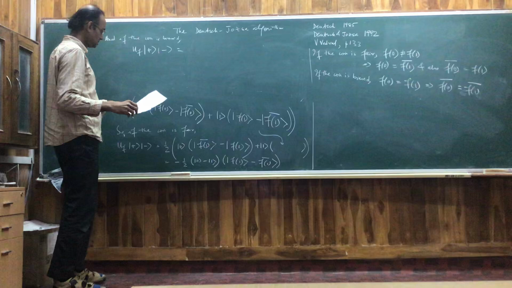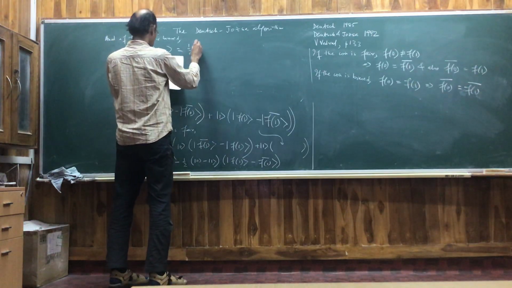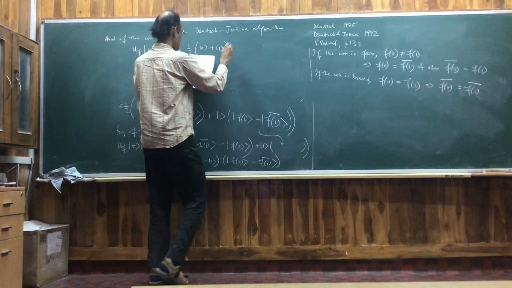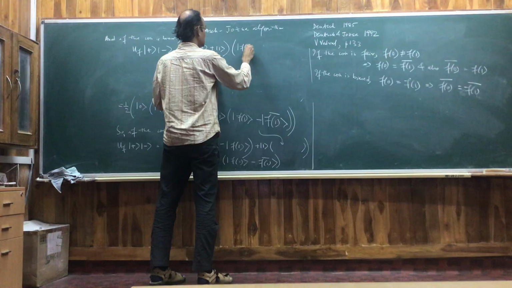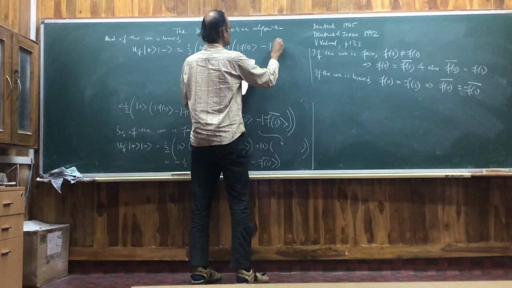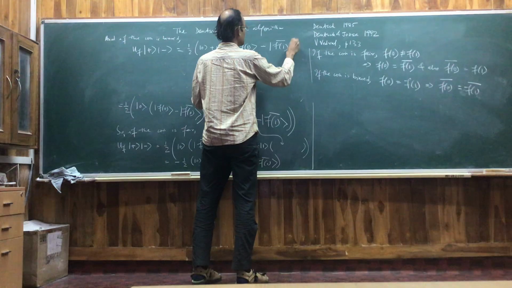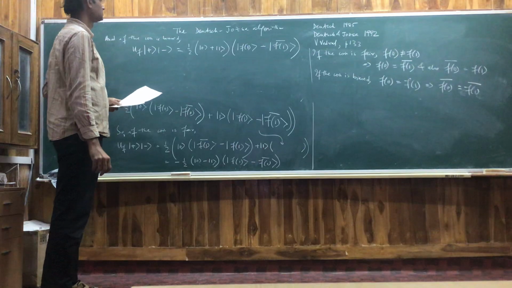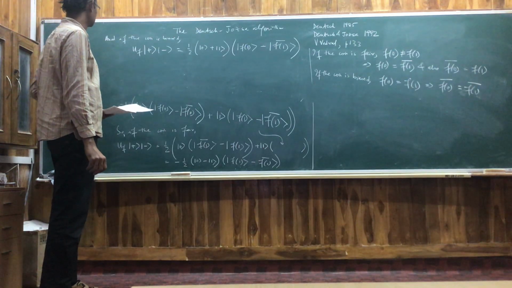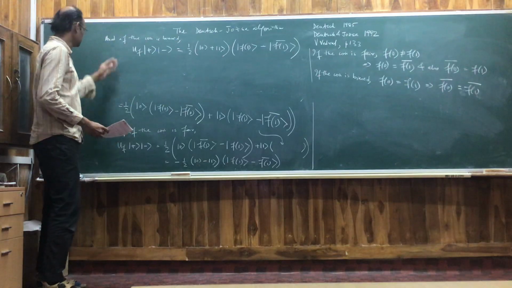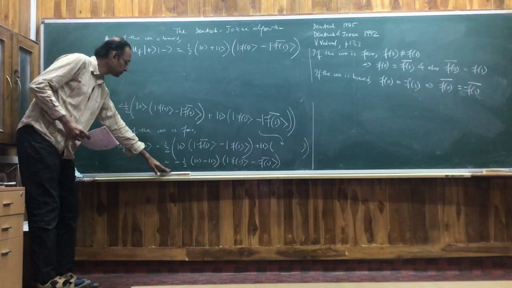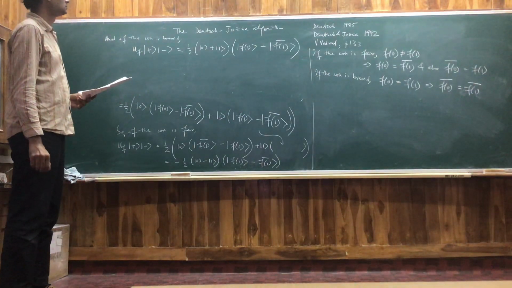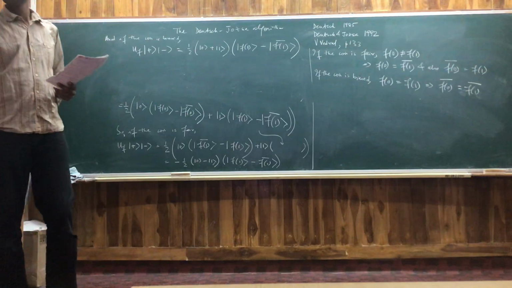This is equal to this, and in this case you can check this by just putting it here. Okay. So these are the two options. This one and this one. Any questions?